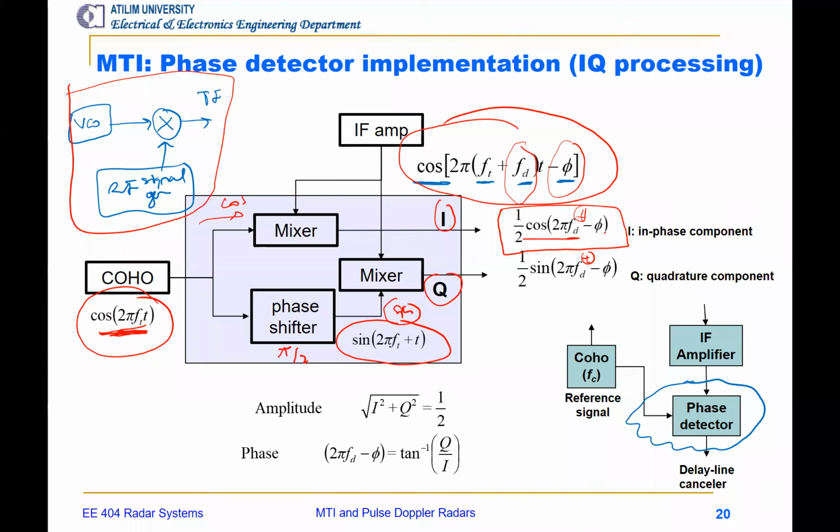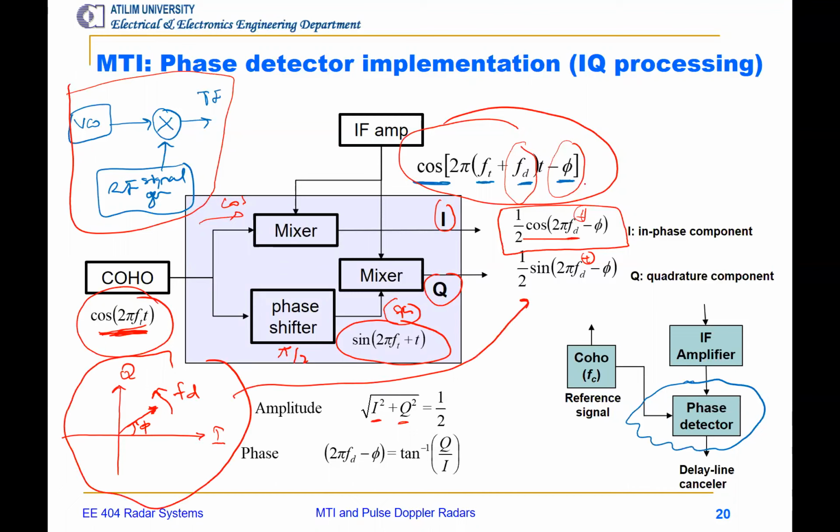Now, as we have I and Q, we can determine amplitude and phase of the signal. The amplitude of the signal is going to be the typical complex representation. You remember, this is my I axis, this is my Q axis, and I just consider a vector here with an angle, let's say phi, and it rotates with a frequency of f_D. So this is how we represent this signal, a complex phasor.